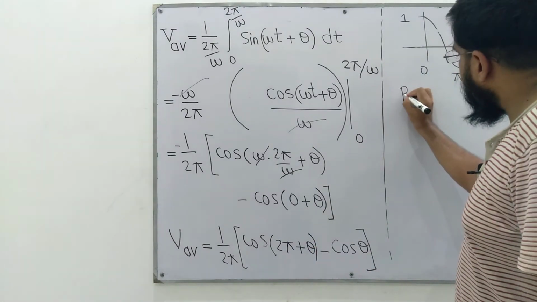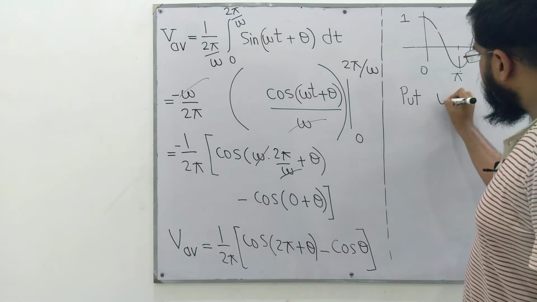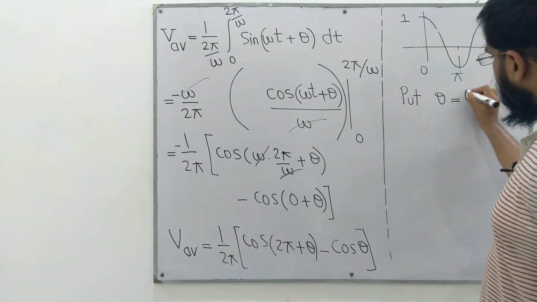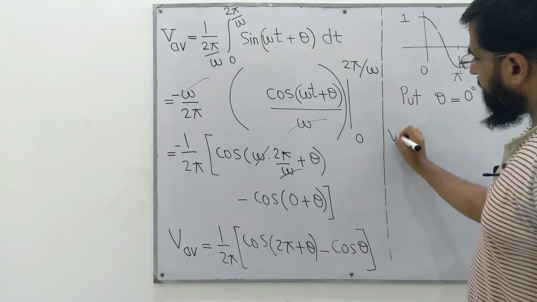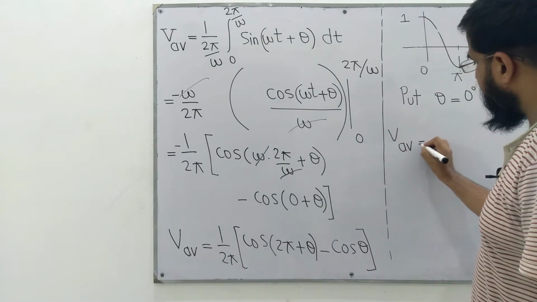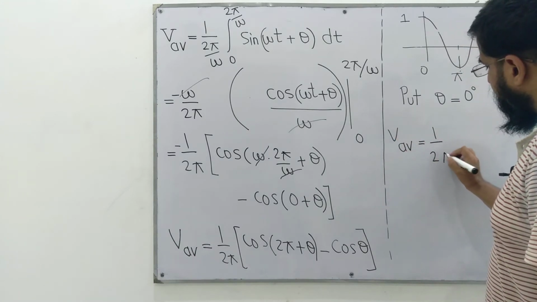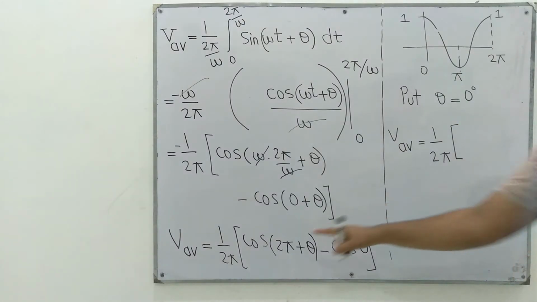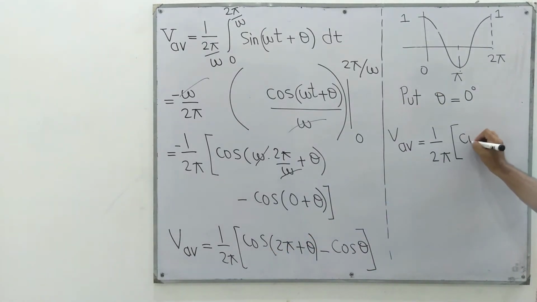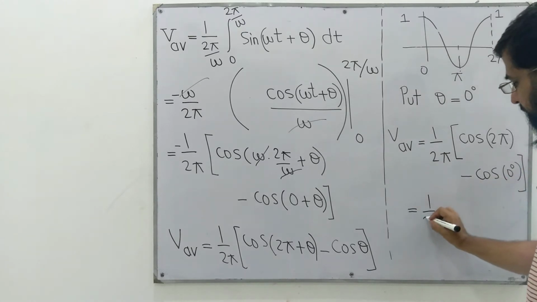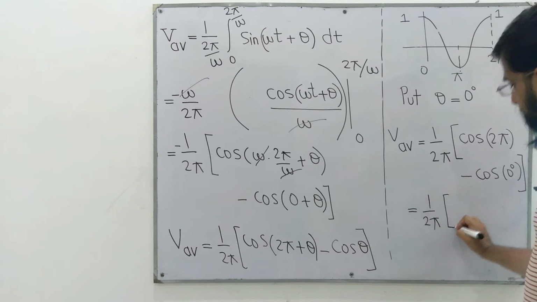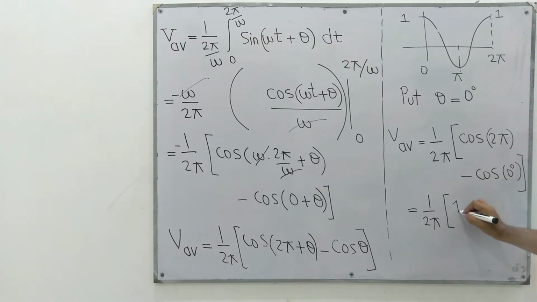Suppose if we put as an example theta is equal to 0 degrees. So V average is 1 over 2 pi cos of 2 pi plus 0, which is cos of 2 pi, minus cos of 0, and we know cos of 2 pi is a 1.